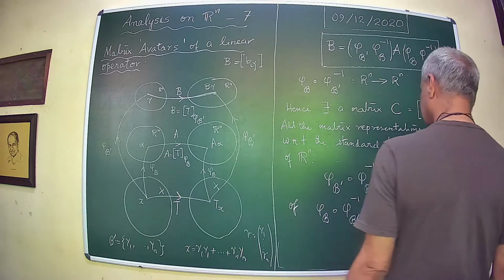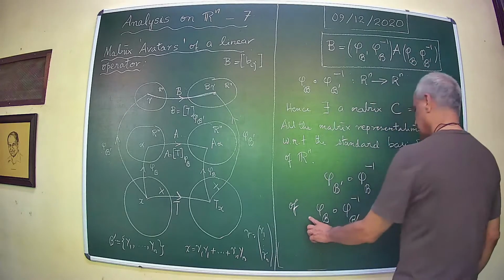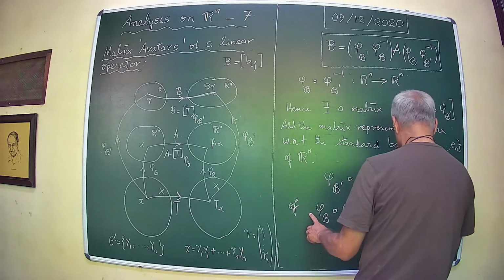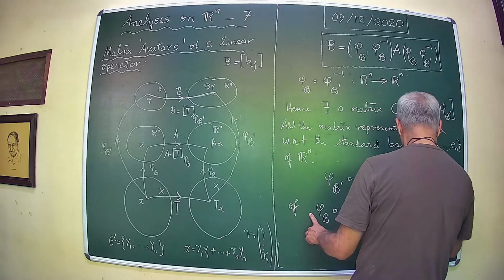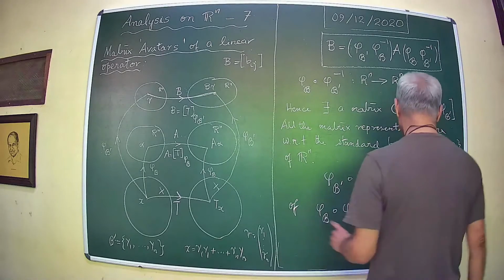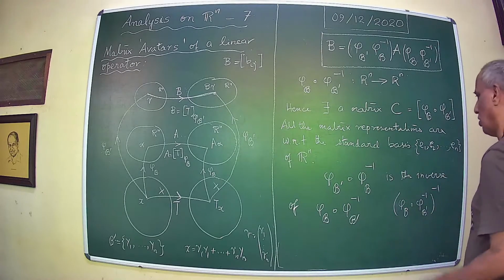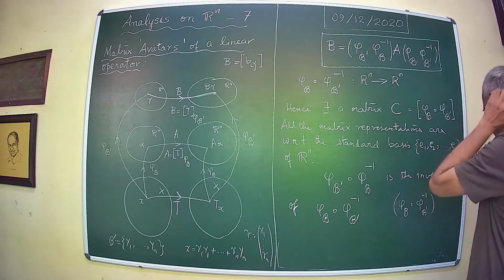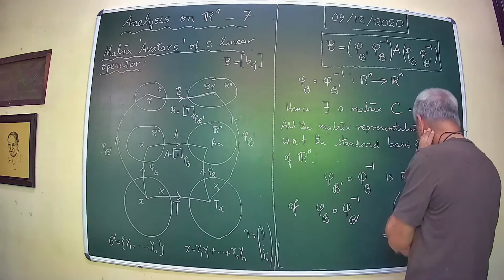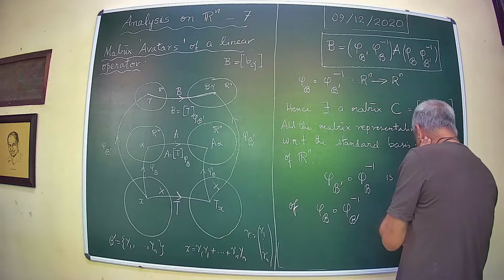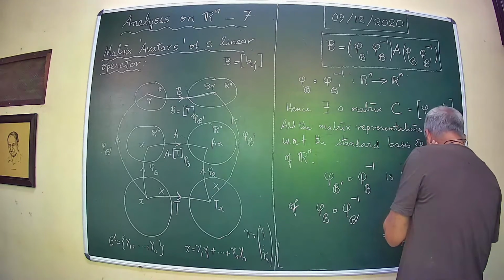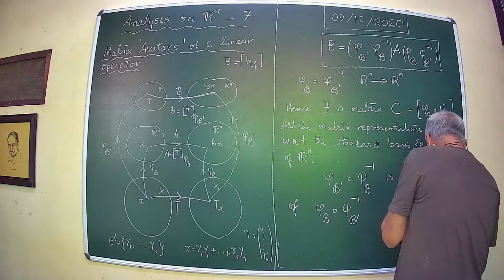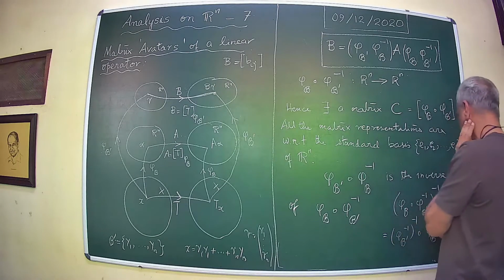Work out the inverse, that's quite easy too. When you take the inverse, the order changes. So this is equal to phi b prime inverse composition phi b inverse.